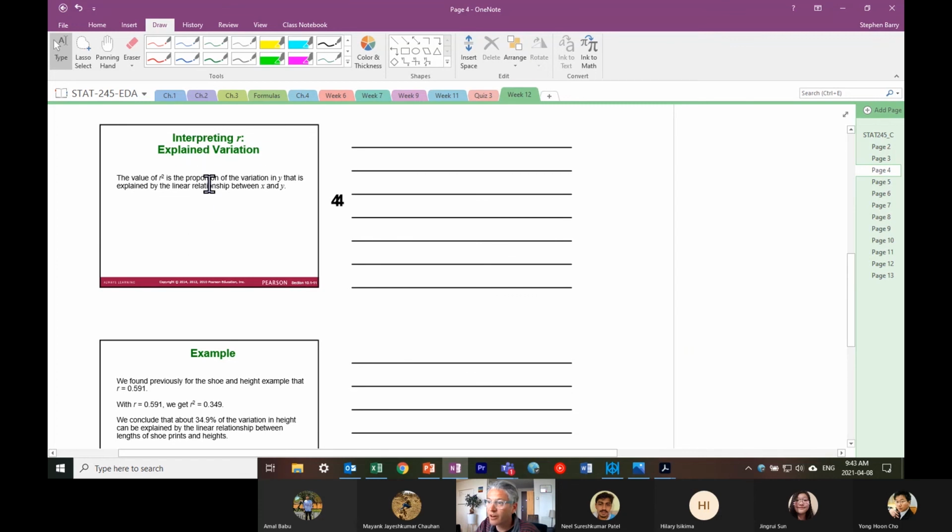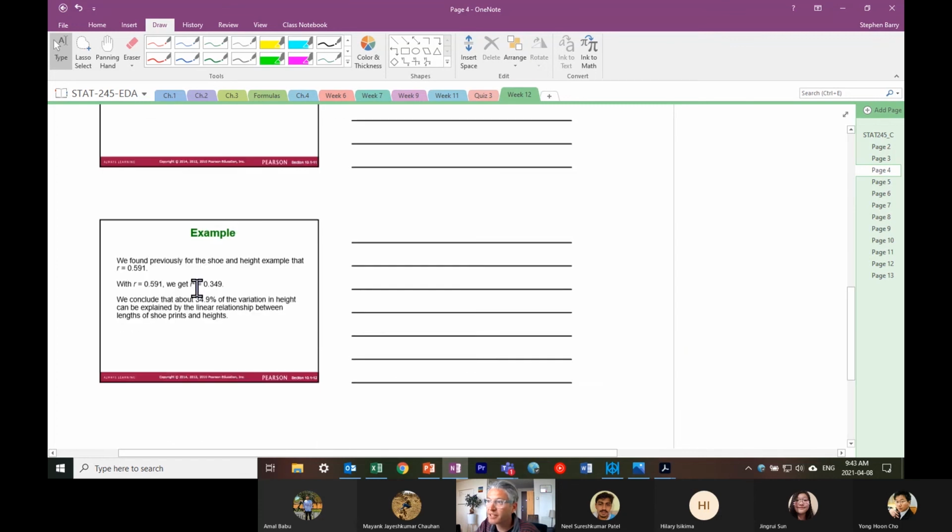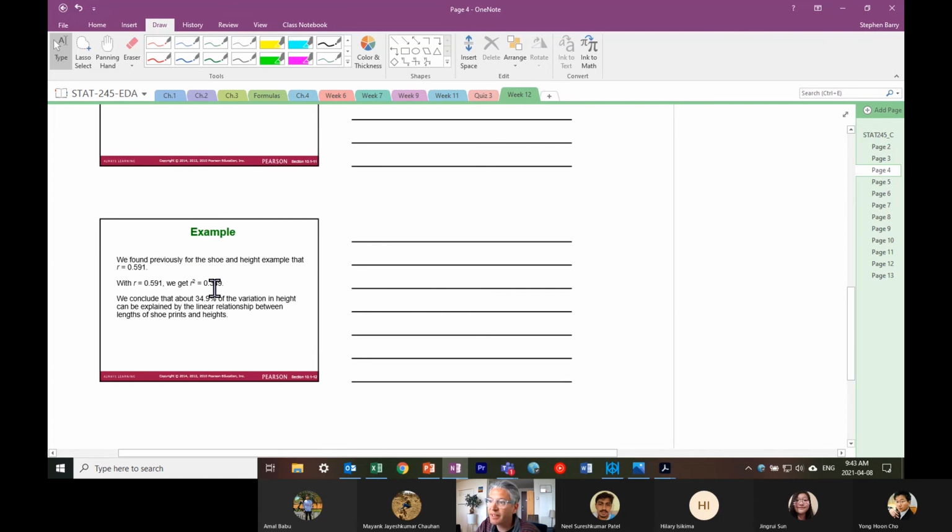I'll talk about R squared. I guess I can talk about it now. It just means how much of the variation in Y... R squared is something where you just take R, and it's just going to be your R squared.